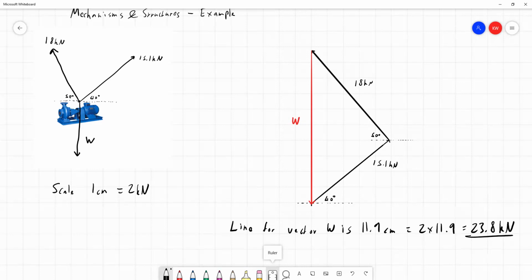And then we add the vectors tip to tail. So we draw a line, and then at the arrowhead of that line, we draw the next one. And in a problem like this, where there's one unknown force, we draw in the two that we know first of all, and that leaves us with an empty side of our triangle, which should hopefully be pointing in the right direction. And the length of that final line is the solution to the problem. So for any questions you encounter like this, this approach will always work.